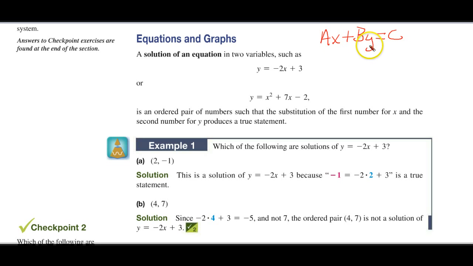And if we solve for the letter y, y = mx + b, this was in slope-intercept form. Here in Math 1108, we will look at equations like this one, which is in slope-intercept form, where the slope is -2 and the y-intercept is +3.